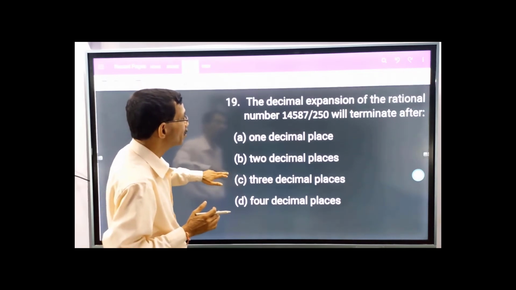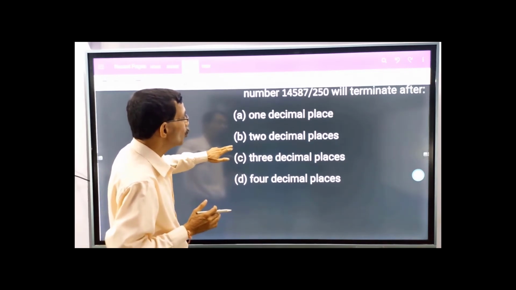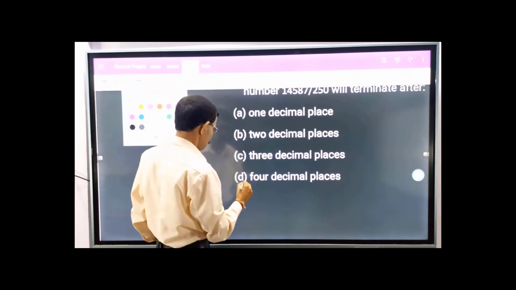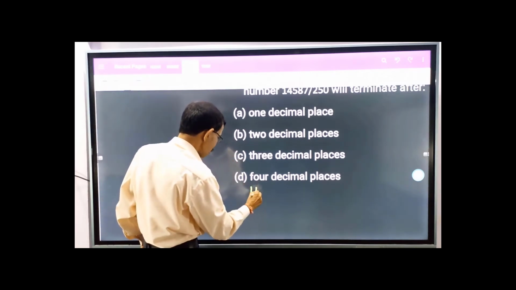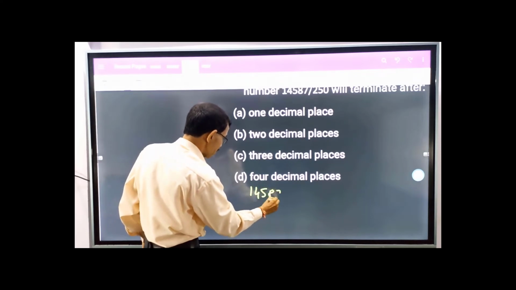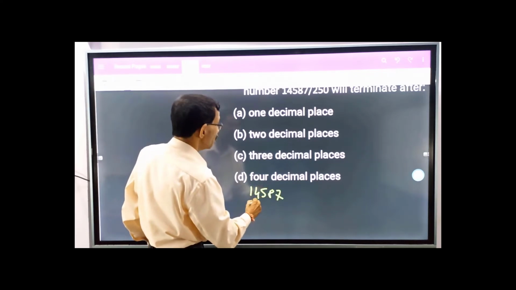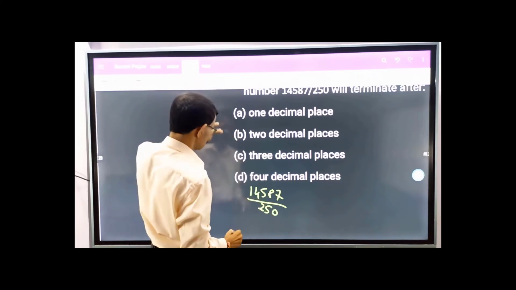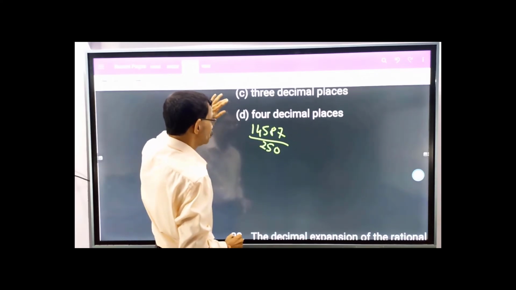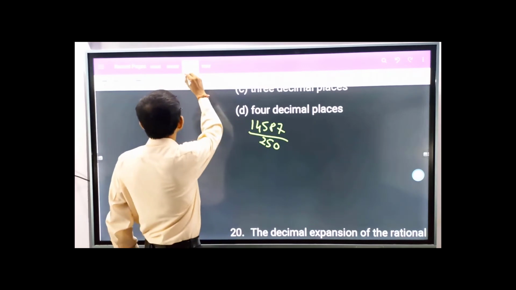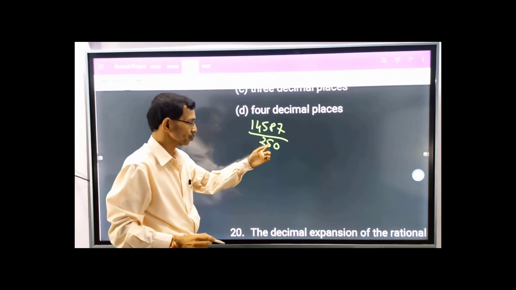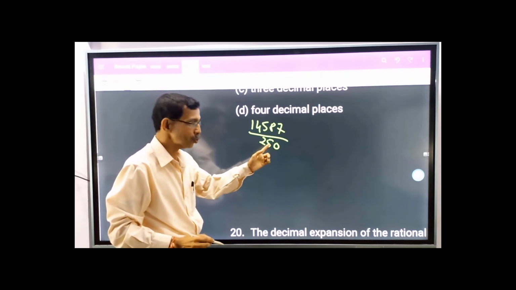So the number is 14587 divided by 250. So here the denominator you have to make as 10 raised to n.